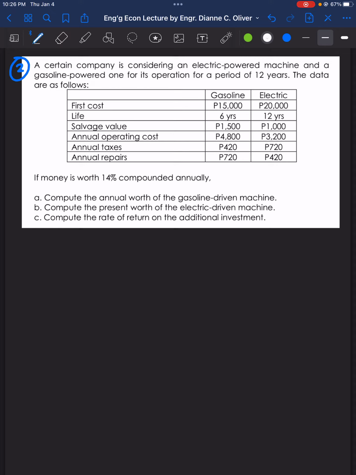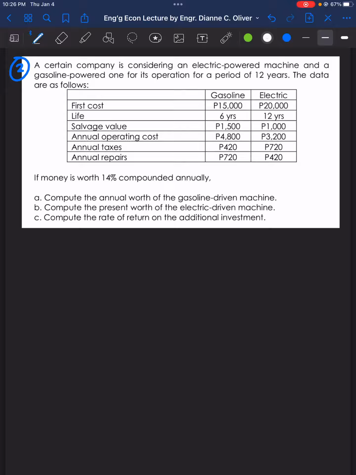The data are as follows. Gasoline-powered first cost is 15,000 pesos. Life of 6 years. Salvage value of 1,500 pesos. Annual operating cost is 4,800 pesos. Annual taxes is 420 pesos and annual repairs is 720 pesos.